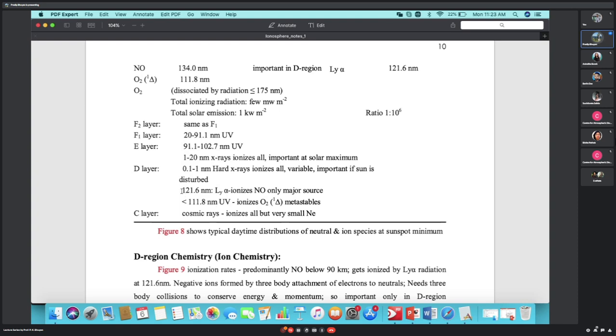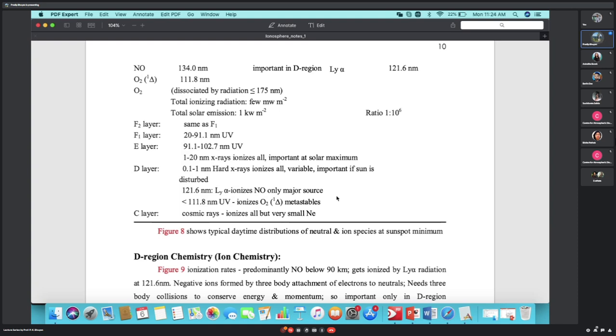Similarly, we have seen UV also. So Lyman alpha, what does it do? It ionizes NO. And UV less than 118 nanometer also ionizes O2 at a metastable state. Okay.